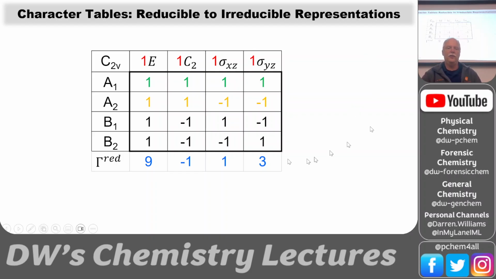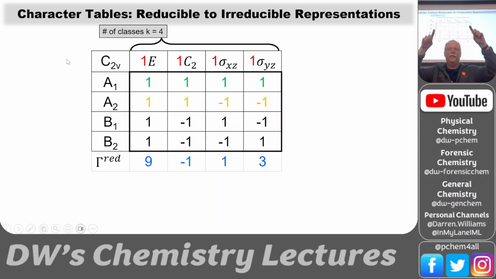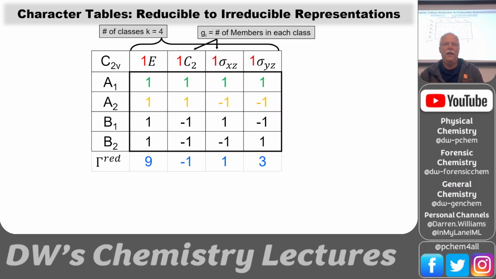Okay, so here's our reducible representation down here, and we have all our irreducible representations up above. And so let's break this apart. So we have the number of symmetry elements is called the classes, and there's 4 of them. Okay, and then each of those classes has a certain number of members. And so you can see, let's look at C3V again.